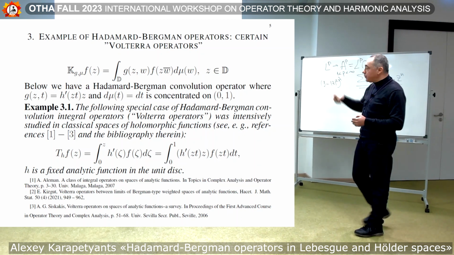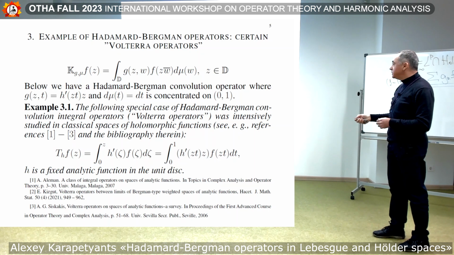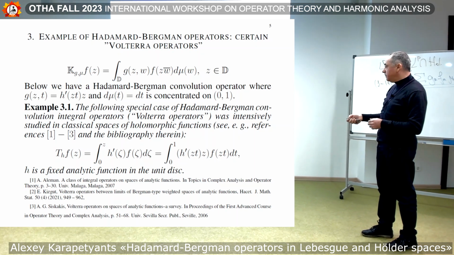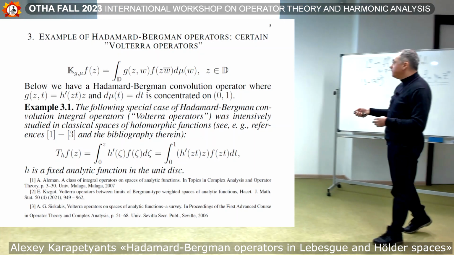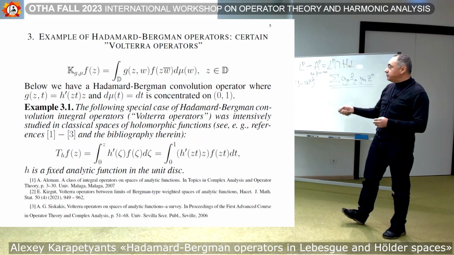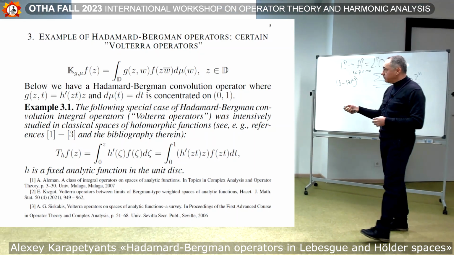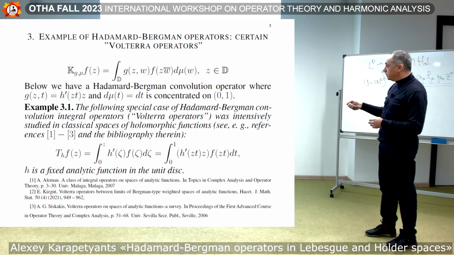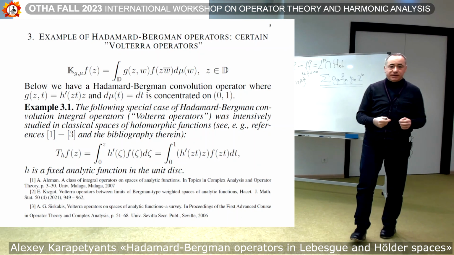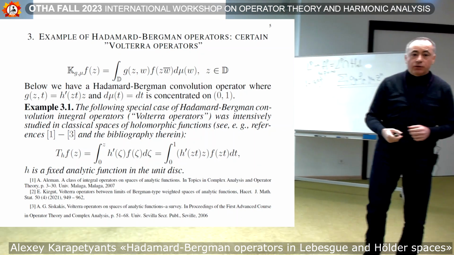And here we also have another example studied in papers. I don't think that this list is complete, but here you can see the papers by Aleman, Siskakis, etc. So they studied this type of Volterra operator, and it appeared to be a particular case of our general variable Hadamard-Berman operator. You see, here it's all written, so I will not read these formulas. But this is another good example of operators in our class.